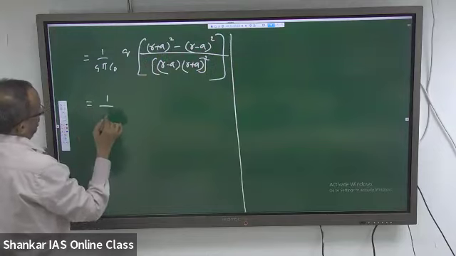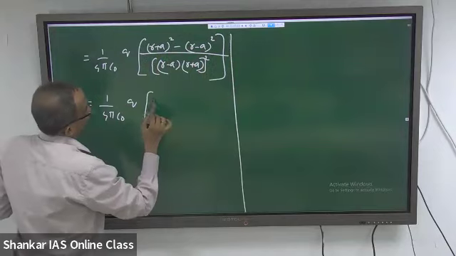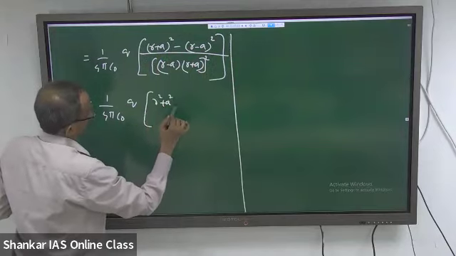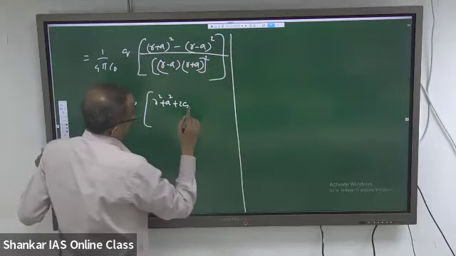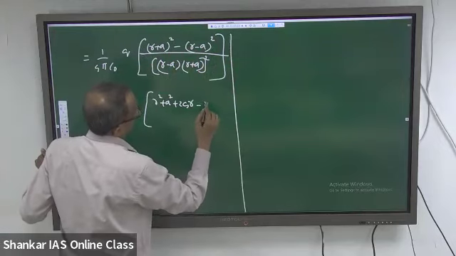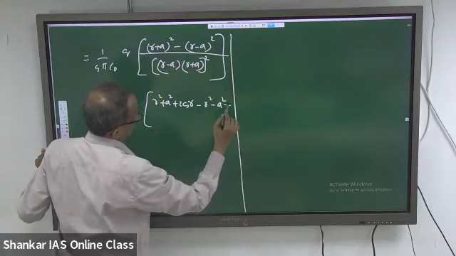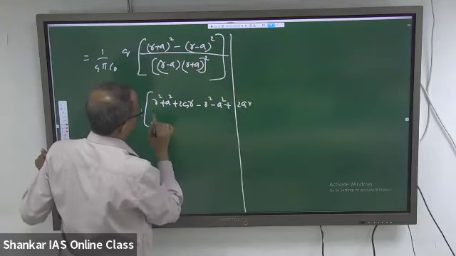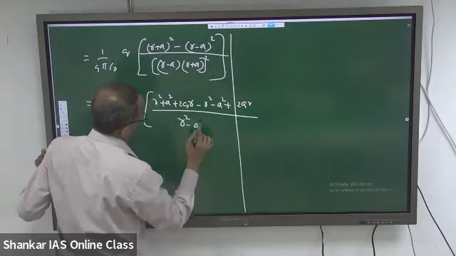This can be written as 1 by 4 pi epsilon naught Q into R squared plus A squared plus 2AR, expansion of this part, minus R squared minus A squared minus of minus plus 2AR, divided by R squared minus A squared the whole squared.